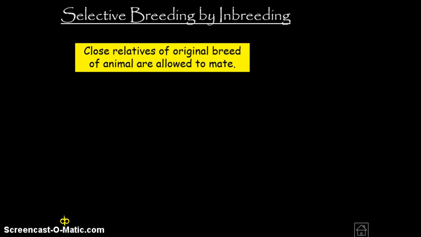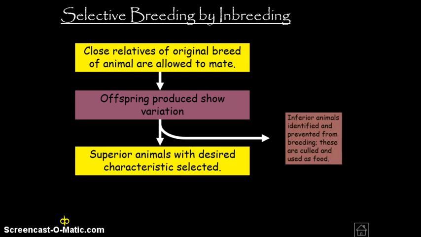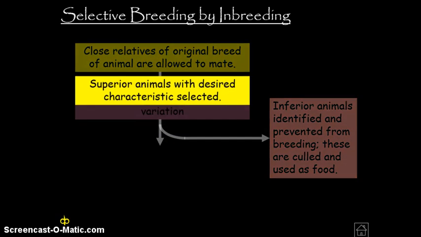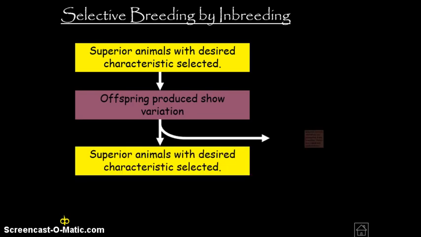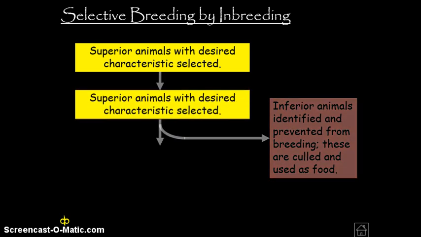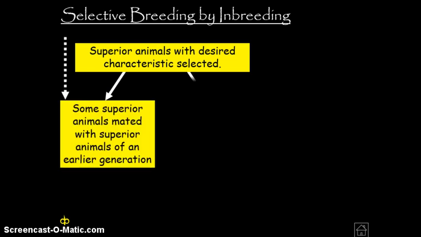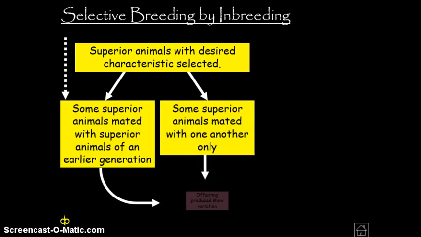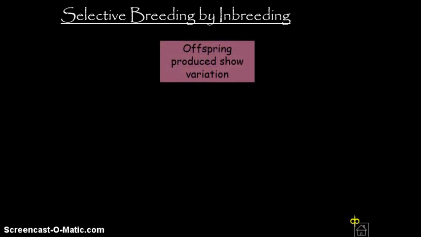In inbreeding, selected related plants or animals are bred for several generations until the population breeds true to the desired type due to the elimination of heterozygotes. This process is repeated over and over again until you reach offspring showing the desired characteristics.